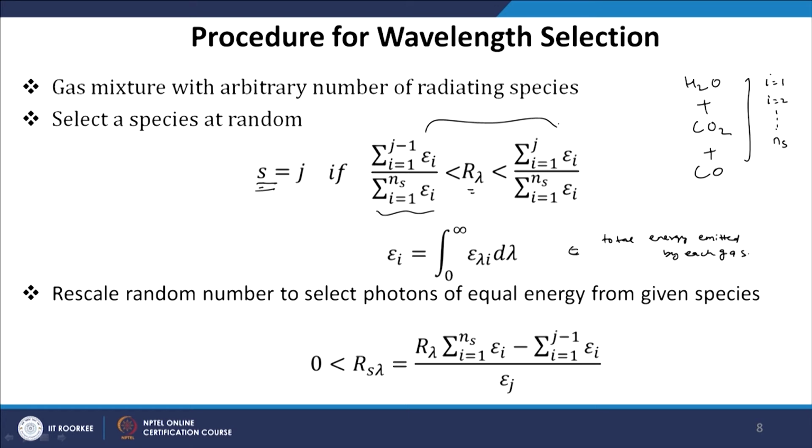Once we have decided which gas is going to emit, we have to find out the wavelength of the photon. So, the random number needs to be rescaled. We have picked a random number r lambda which represents the fraction of the total amount of energy emitted by a particular gas.